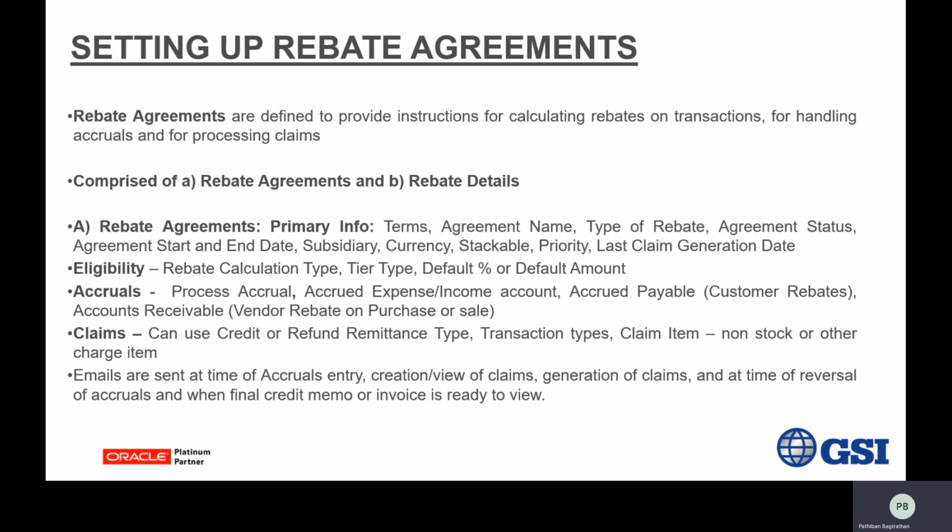If they're both priority one and they're set up as stackable, then it should pick both of them. And then if there's a claim against that already, let's say it's a volume-based tiered group rebate, yes, there'll be a last claim generation date against that. Any consecutive rebates against that same item will basically recalculate the claim for you. Okay.